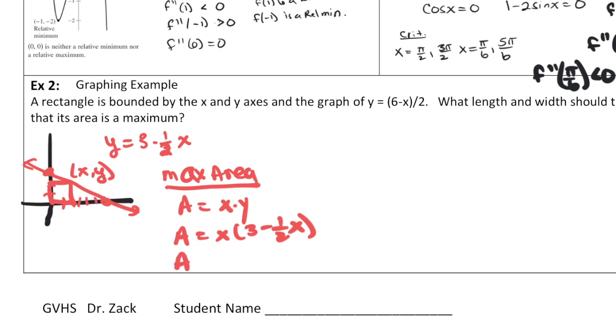Find the derivative, A prime, and that's going to be 3 minus x. The domain for the x values, think about this carefully, is going to go from 0 less than or equal to x less than or equal to 6. So the x's are traveling between 0 and 6.